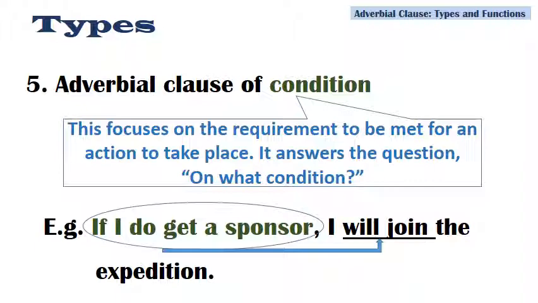The example given on the screen says, if I do get a sponsor, I will join the expedition. Under what condition would I join the expedition? If I do get a sponsor. So if I do get a sponsor is an adverbial clause of condition here, modifying the verb will join.